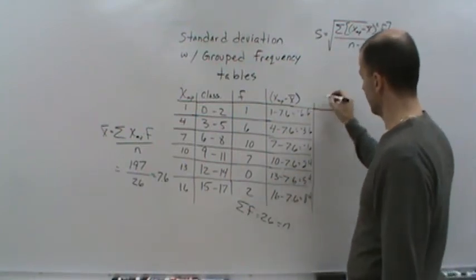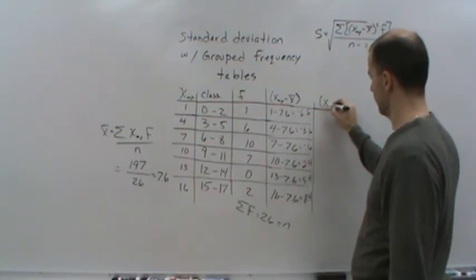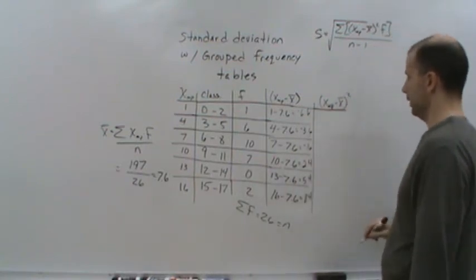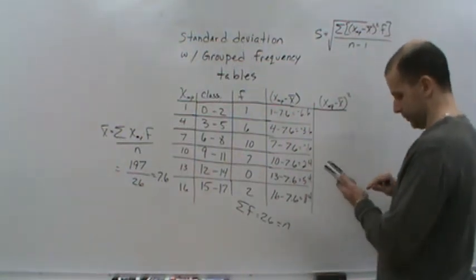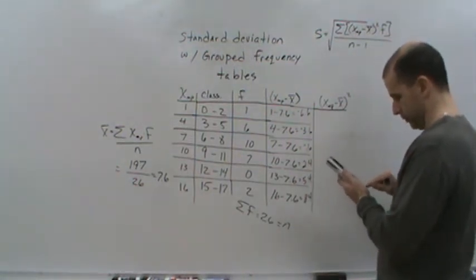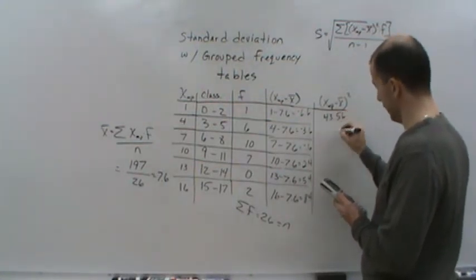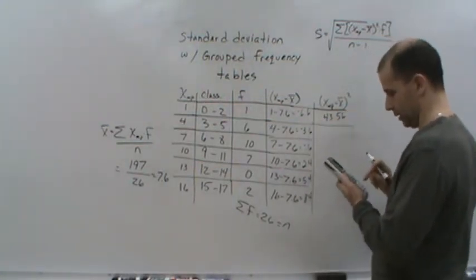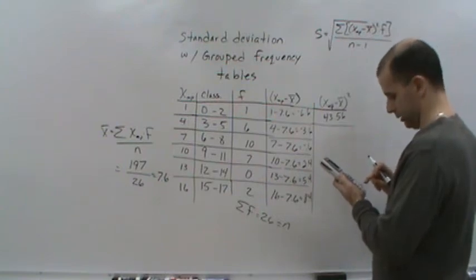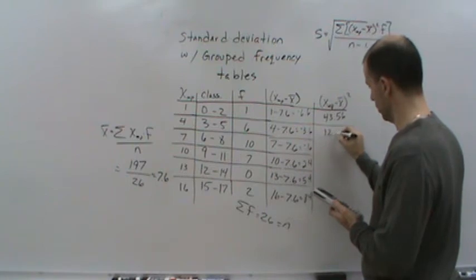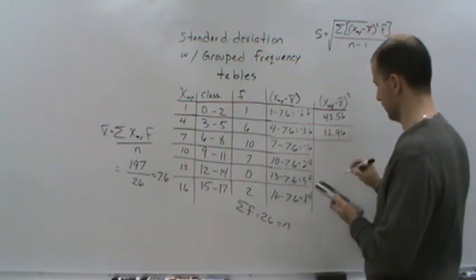So the next thing I'm going to do is square these numbers. And so I get 43.56 and 12.96.